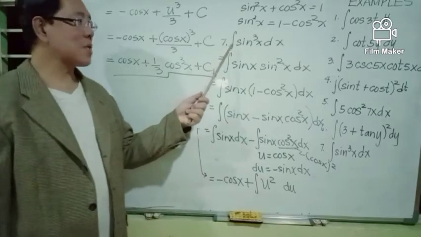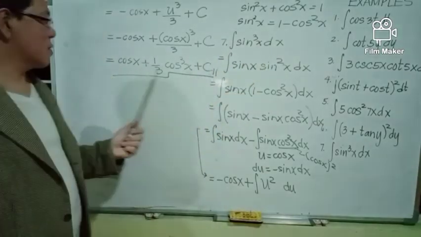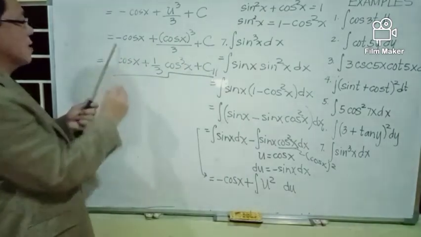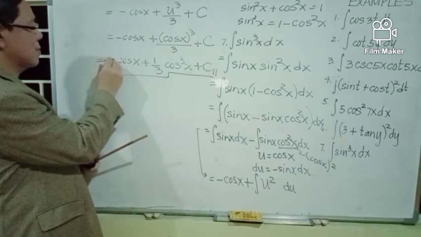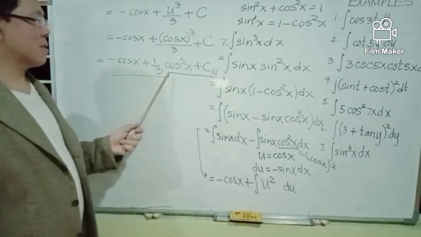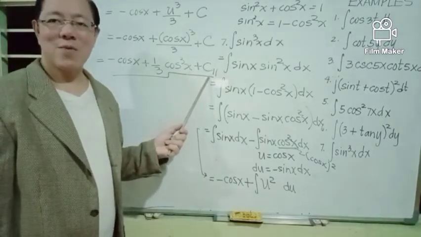The integral of sine cubed x with respect to x is equal to negative cosine x plus 1/3 cosine cubed x plus c, a constant of integration.